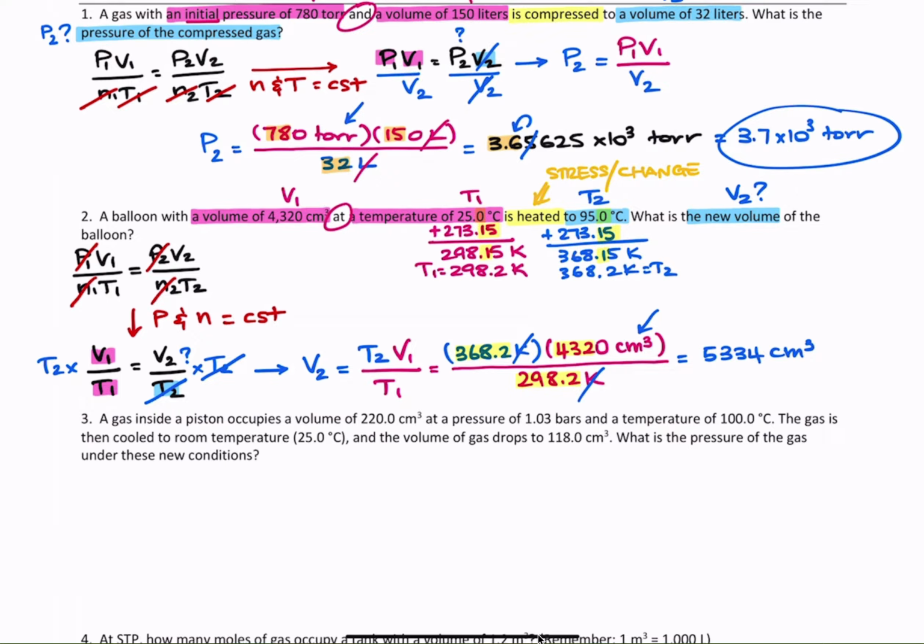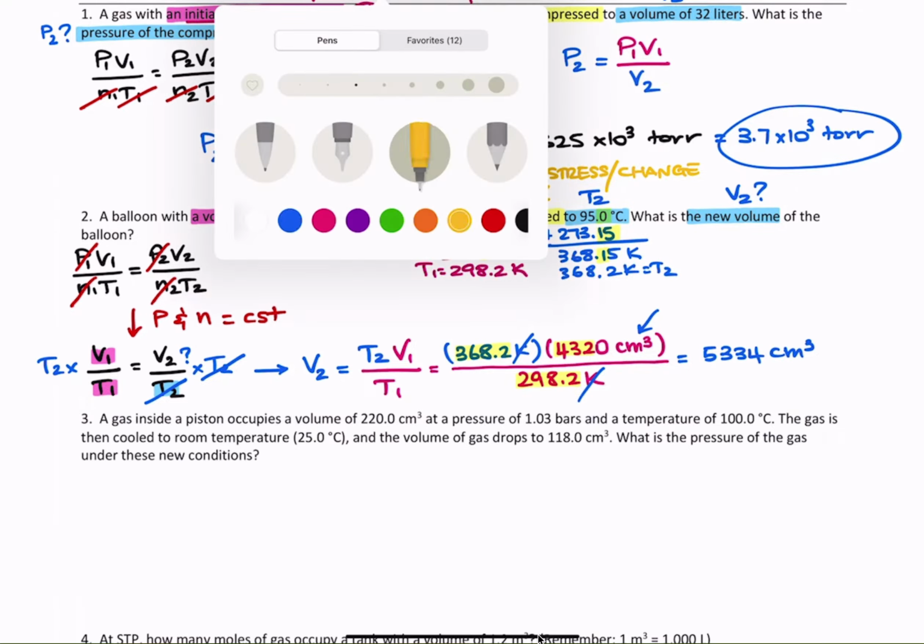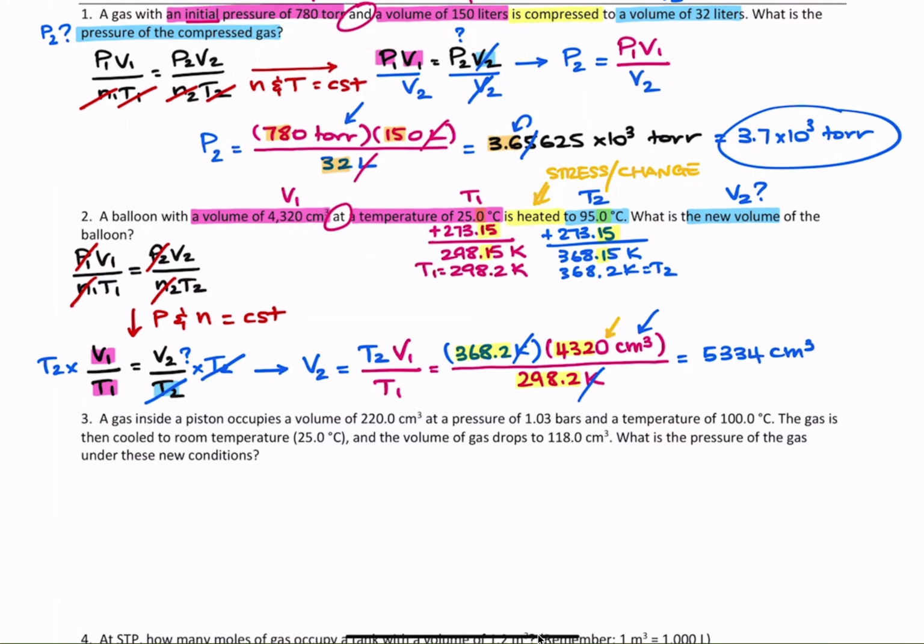Again, remember 4,320 is only 3 sig figs because the 0 right there does not count. Your answer needs to be given to 3 sig figs as either 5,330 cubic centimeters or 5.33 times 10 to the third cubic centimeters.